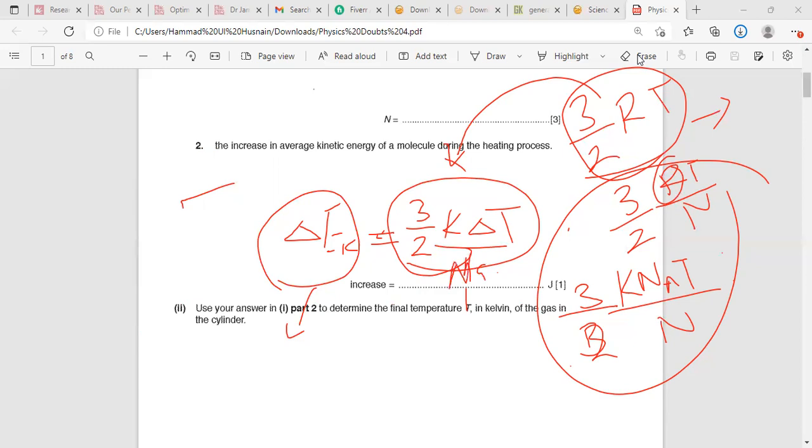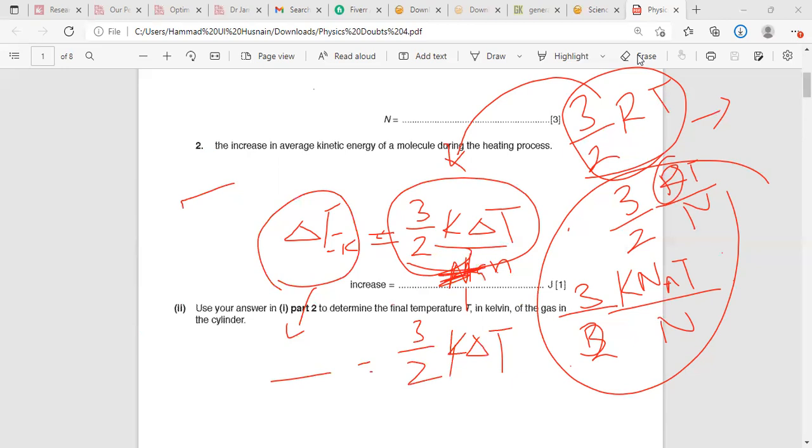It will be for 1 molecule of the gas. If we directly plug in the value of del Ek for 1 molecule, that's why we can directly write 3/2 K del T, right, Rani? Yes. Because we are going to plug in the direct values of del Ek, which is for 1 molecule or for 1 mole. You got it?